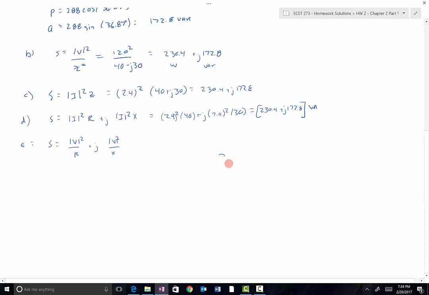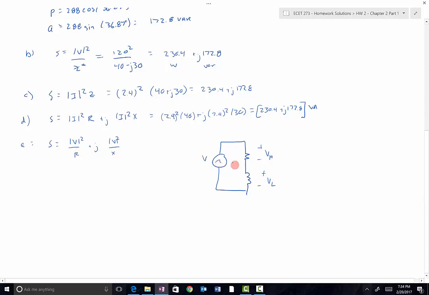So we've got this situation. To use this formula, we need to know what VR is, and we need to know what the voltage across the inductor is.